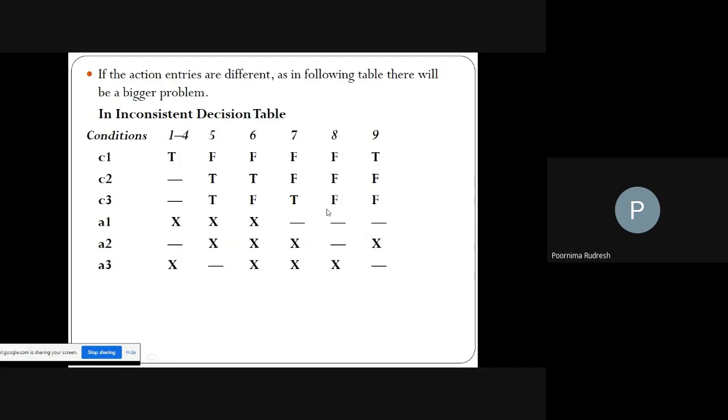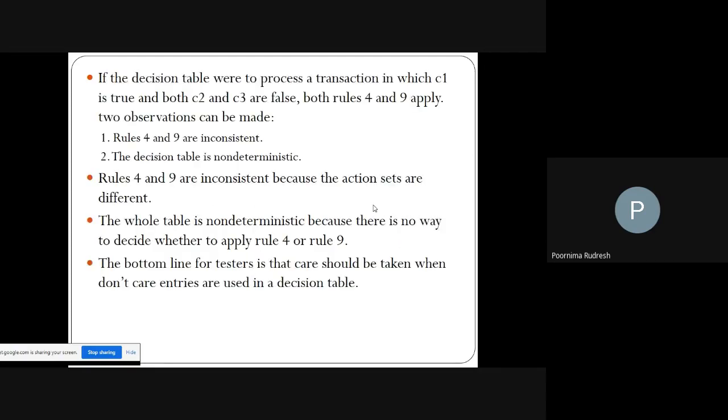You can compare rule 4 and rule 9 for the conditions. T dash dash dash dash indicates that if you consider it as a false condition, then rules 1 to 4 and 9 are the same. Then the tester will be in a confusion state and not able to decide which rule to apply in order to test the developed system, and hence we say that the whole table is non-deterministic.